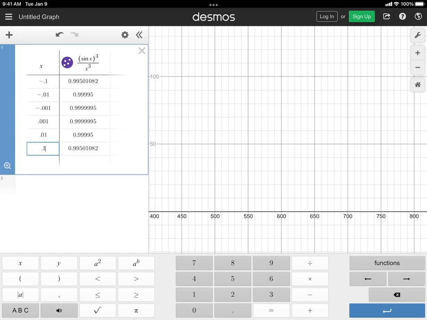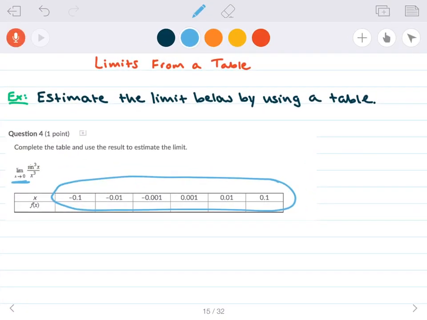Alright, so the limit, it looks like, as x gets really close to 0 on the left and the right side, this y value is getting really close to the number 1. So that's going to be our limit here. So limit is 1.